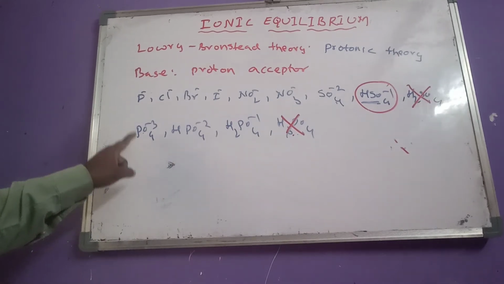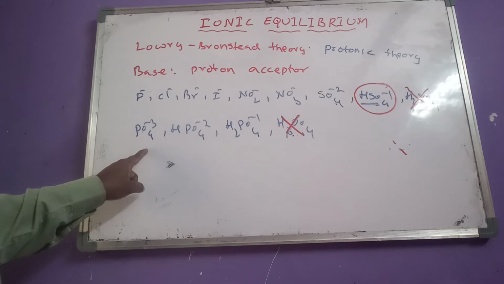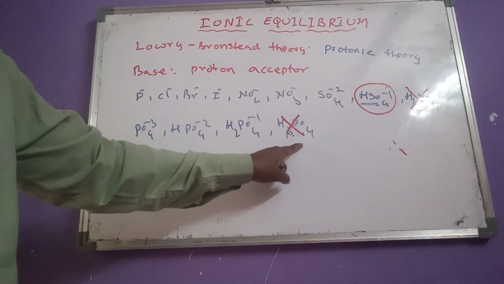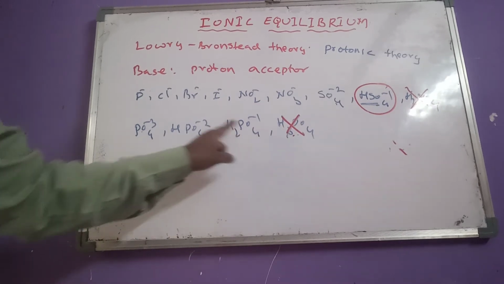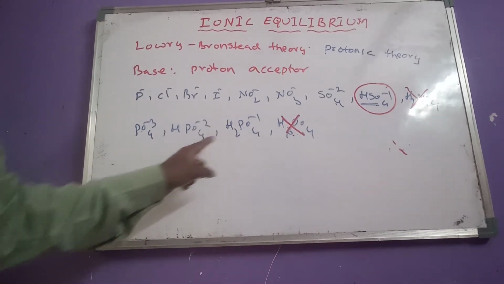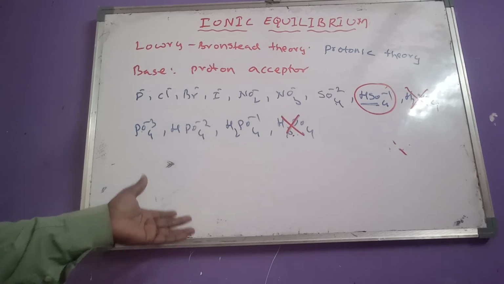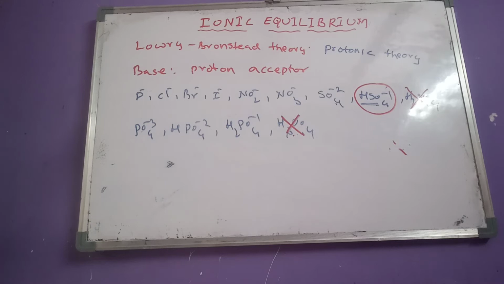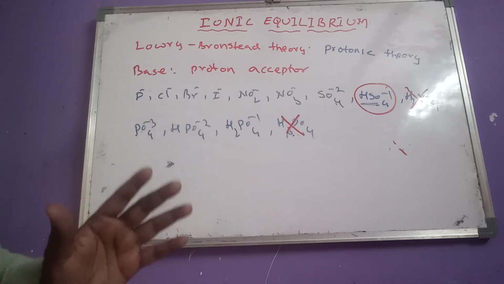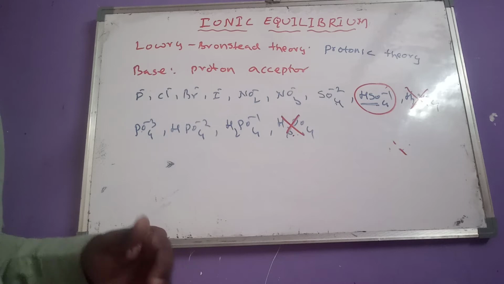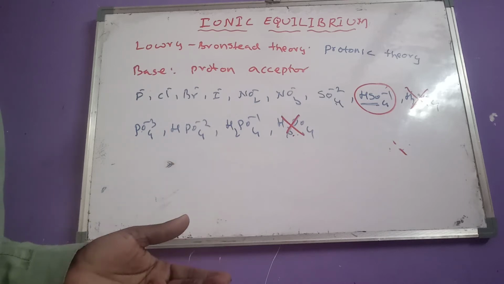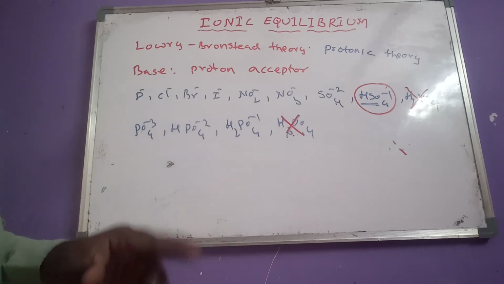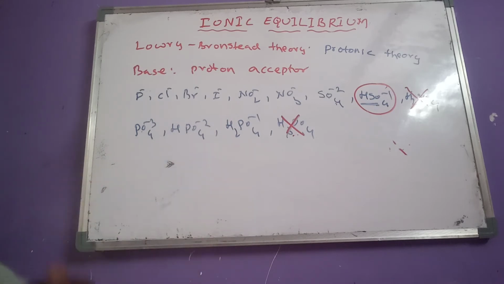PO4 minus 3 acts as a Bronsted base only, and H3PO4 acts as a Bronsted acid only. But these two can act as both Bronsted acid and base. Such types of substances are called amphoteric substances. The substances which act as both Bronsted acid and base are known as amphoteric substances.